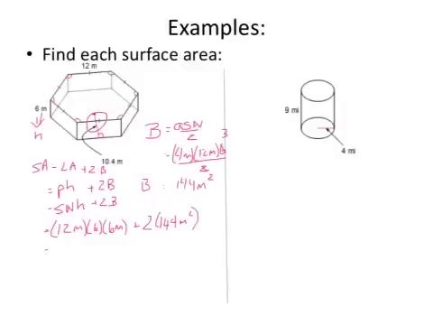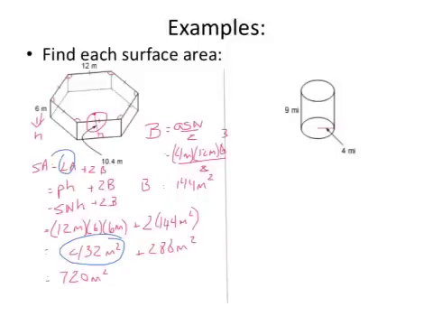And so now we've got plus 288 meters squared, and 12 times 36, which is 432 meters squared. So we've got a total surface area of 720 meters squared. Now keeping in mind, my lateral area is this part. Okay? So if you get asked a lateral area question, it's always that first part before you add the area of the bases in there.